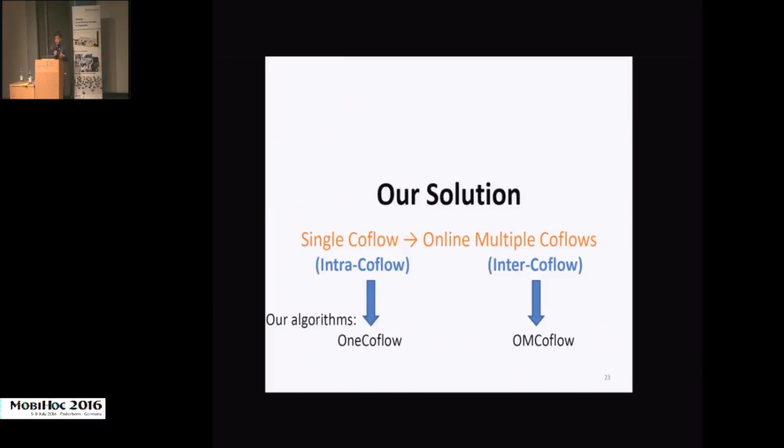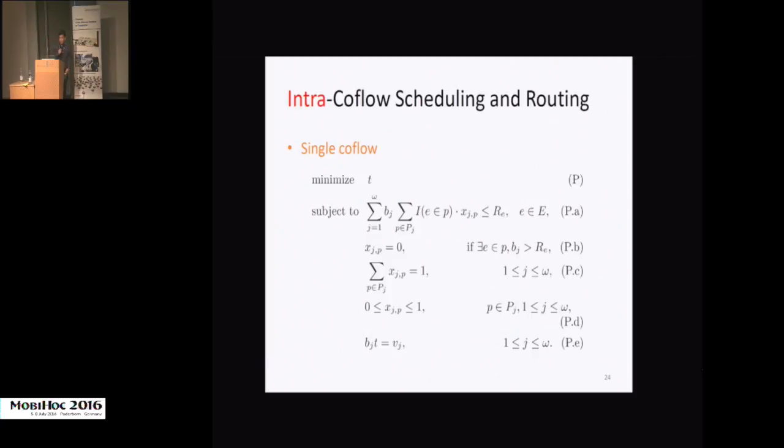And then we let it be a black box and further design an efficient online algorithm called OMCoflow to handle the more general case, which is actually the inter-Coflow scheduling and routing. So next, let's first look into the intra-Coflow scheduling and routing.